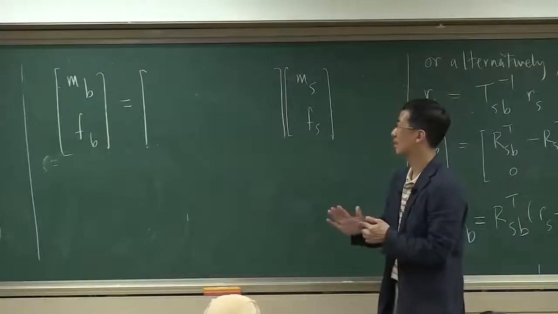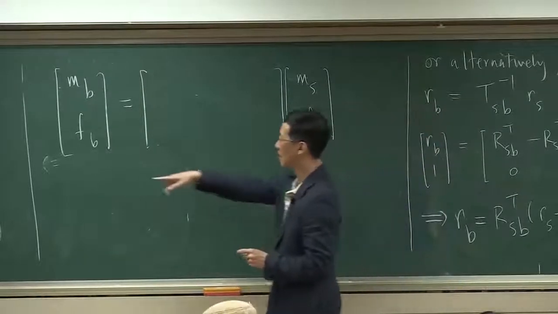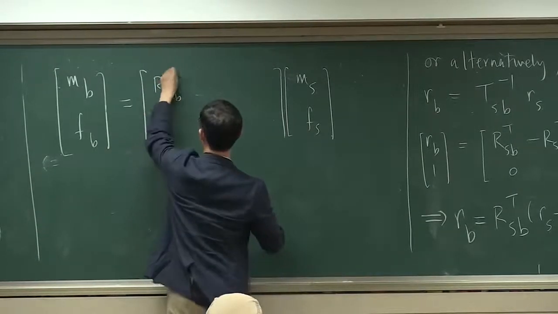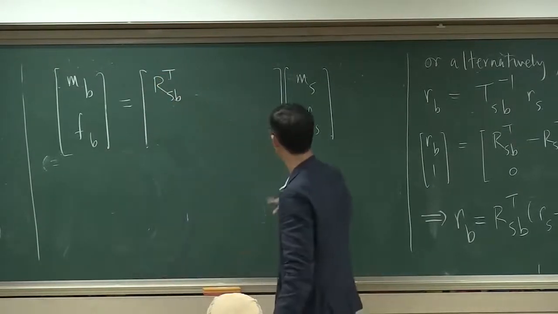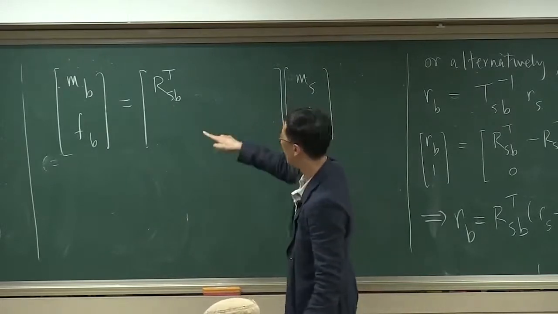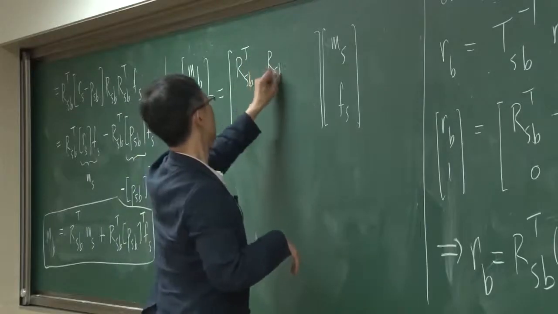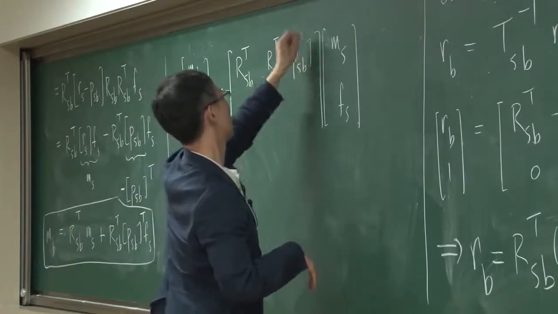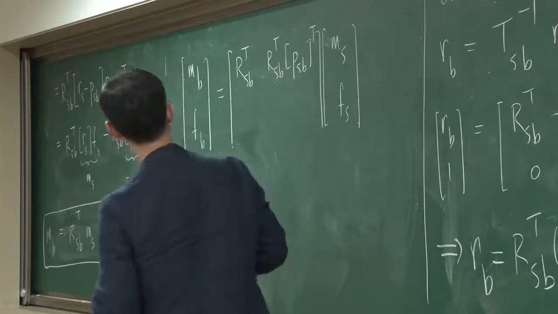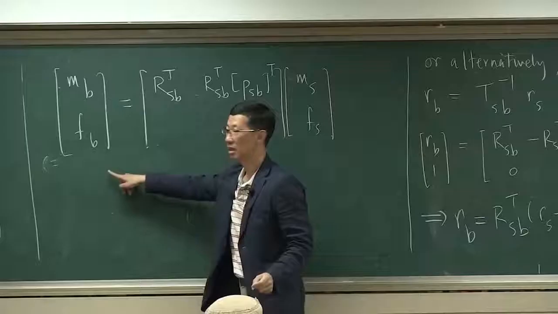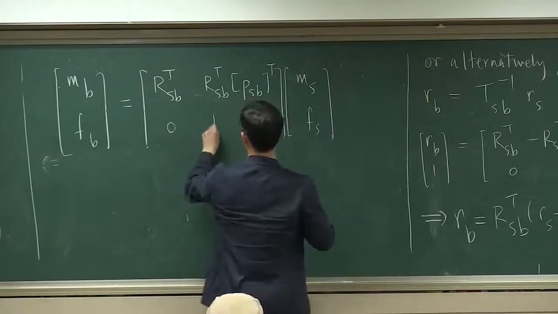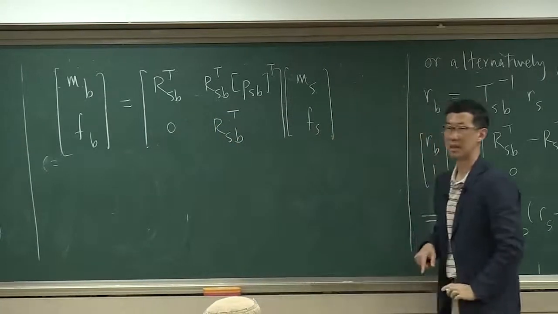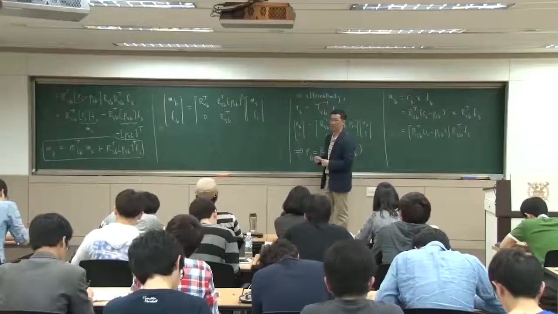Okay, thank you. Okay, M_B is R_SB transpose here. And then F_S is multiplied by R_SB transpose P_SB transpose. Okay, and F_B is R_SB transpose times F_S. Okay, all right, so that's what we have.